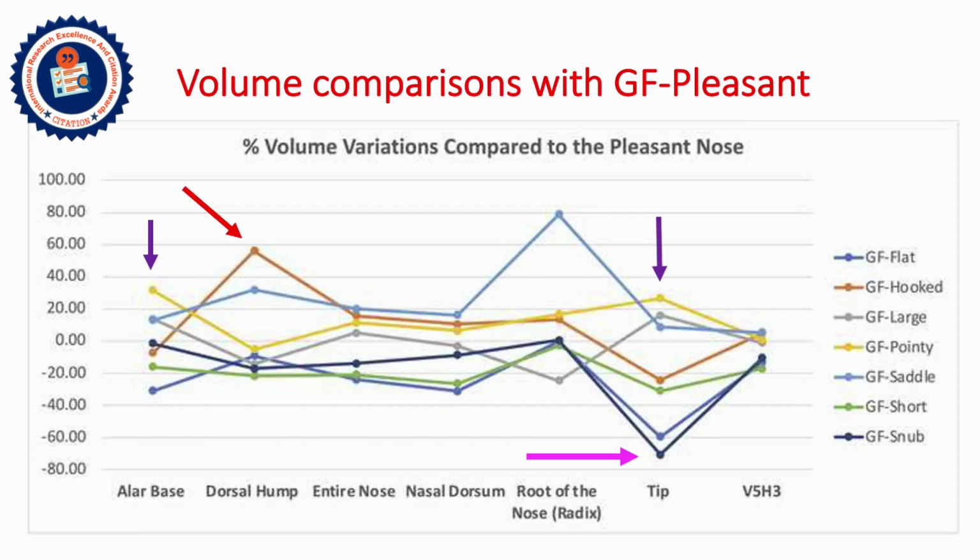And then we have the GF snub nose with the smallest volume among all of these noses. So from the image we have, we were able to visualize that we should be able to get these differences. And yes, with measurements, we're able to show them.